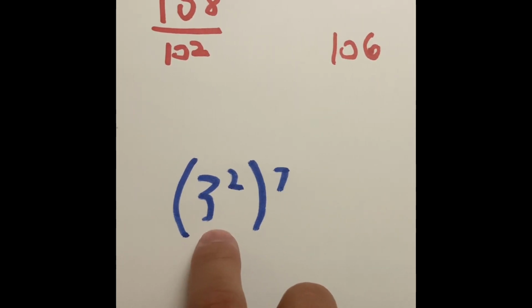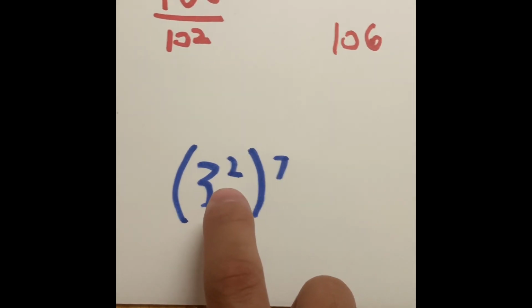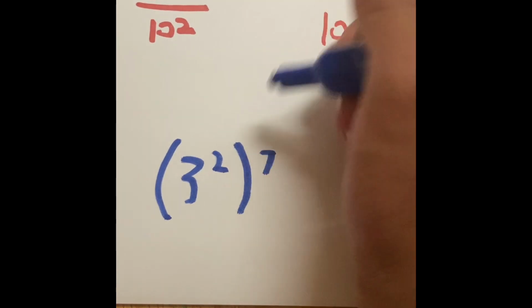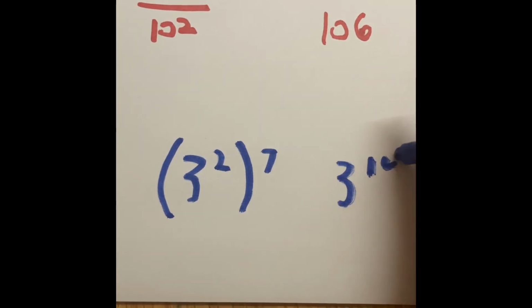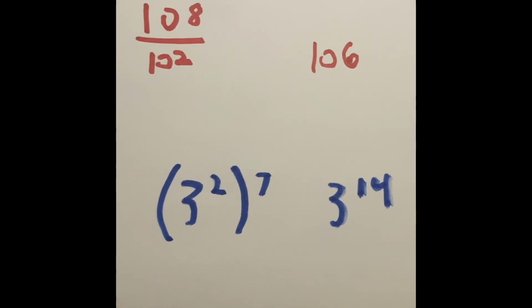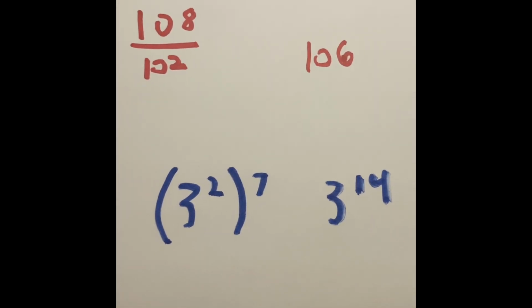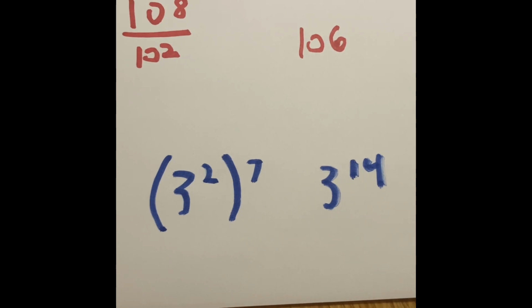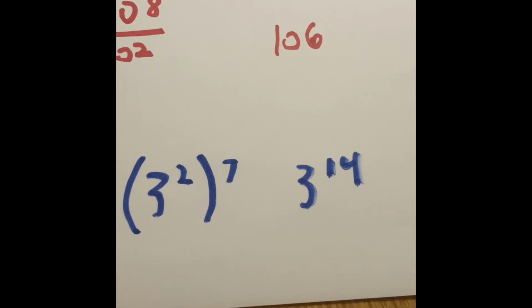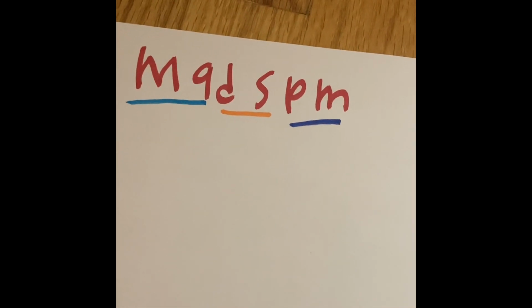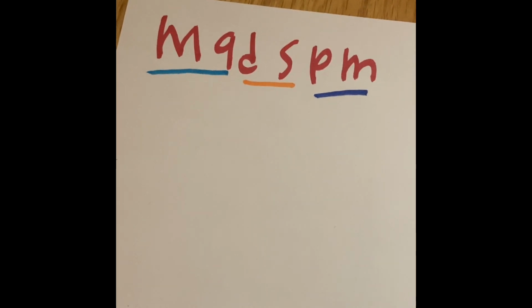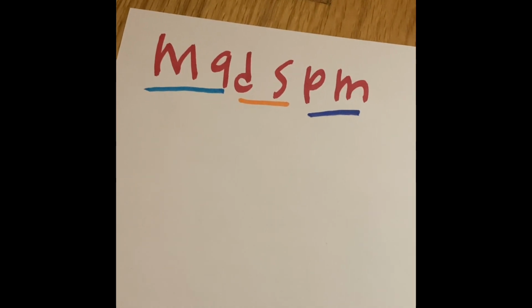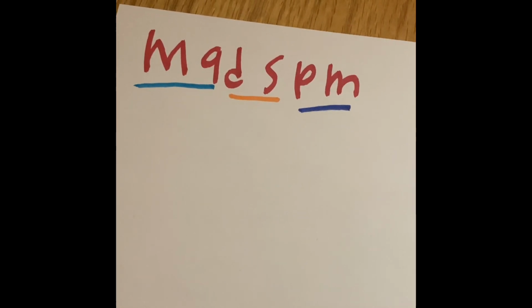This power is asking the 7 to make it even more powerful. So instead, we're going to say 3 to the 14th power. This is going to be super helpful when you want to amplify the math, but also understand very fast what to do. Don't confuse this with the MA. PM means you're raising the power. MA means you are multiplying the powers, but you're actually adding them. And DS represents you're subtracting them.